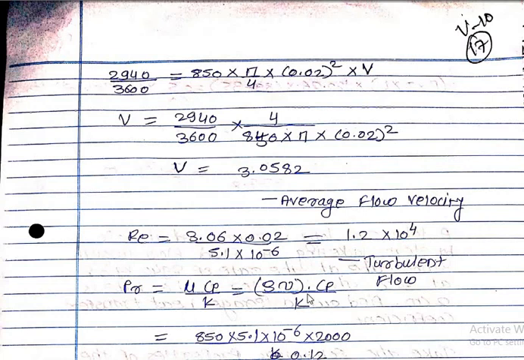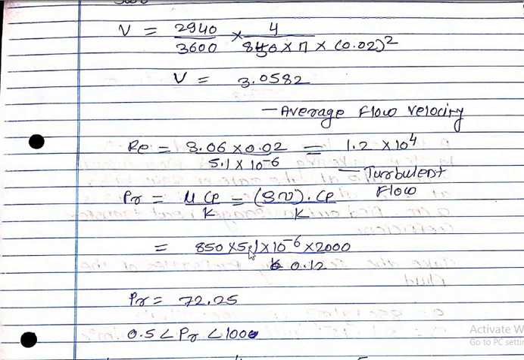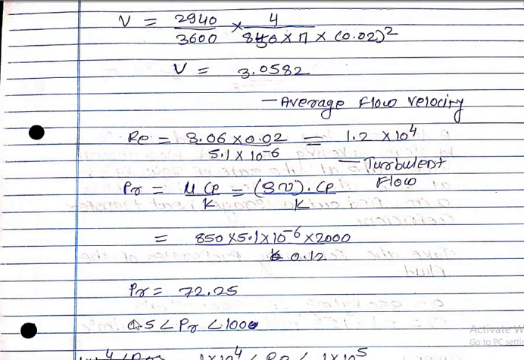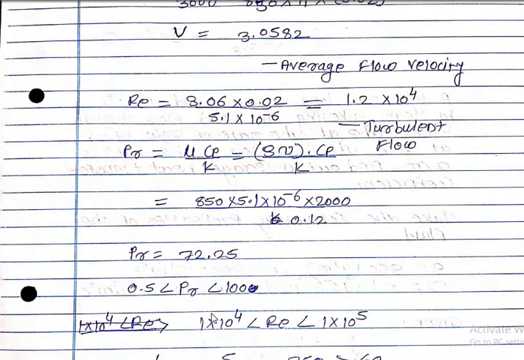Put all the values of rho, nu, Cp and K, which are the given quantities. So 850 multiplied by 5.1 into 10 raised to minus 6 multiplied by 2000 divided by 0.12, and we get the Prandtl number as 72.25. This Prandtl number is in the range of 0.5 and 100, and the Reynolds number is in the range of 10 raised to 4 and 10 raised to 5.